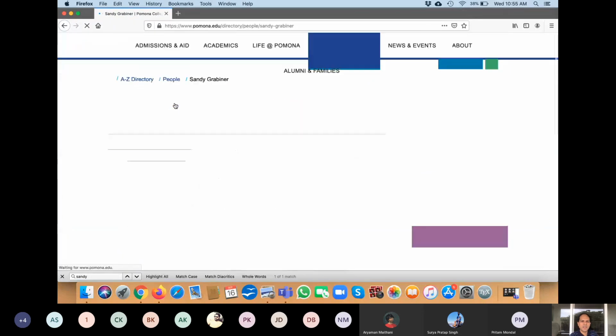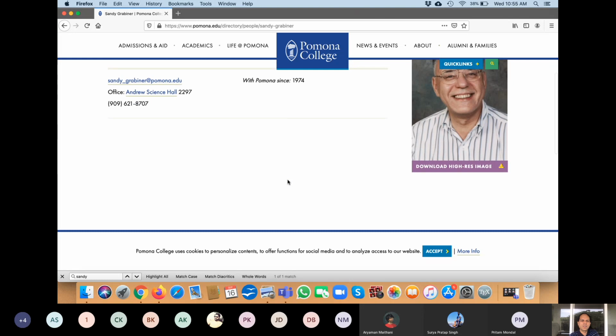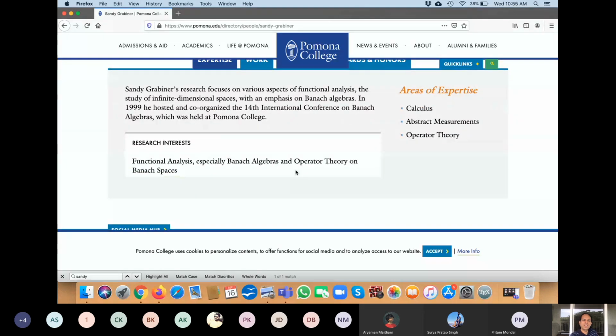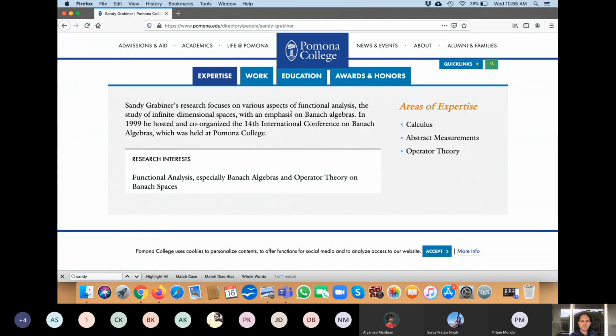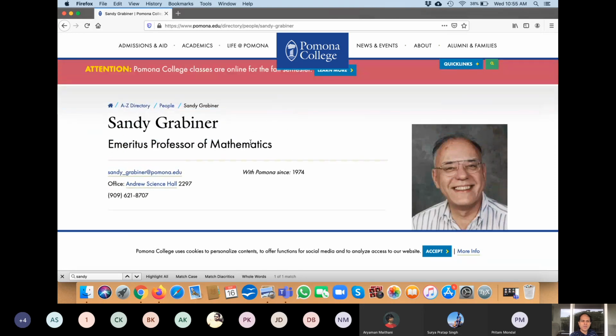So this is the mathematician, and he does functional analysis. His expertise is Banach algebras. So it's natural that he thought about this particular proof. And the proof is from 1976. Oh, he must have been quite young at that time. He joined Pomona College in '74. Okay, good.